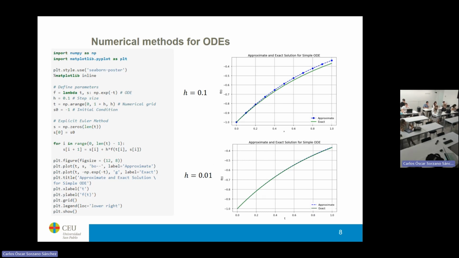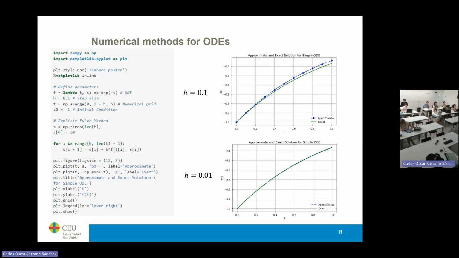Yeah, this is fine in the equation, but we have to simulate it. To simulate it is very simple. Let's say that I want to solve an equation. So f is the exponential of minus t.